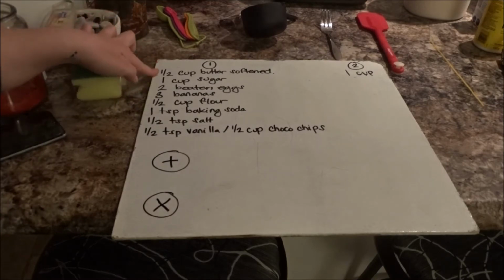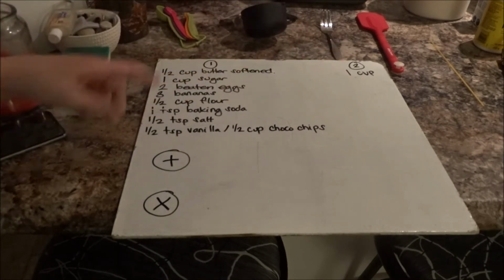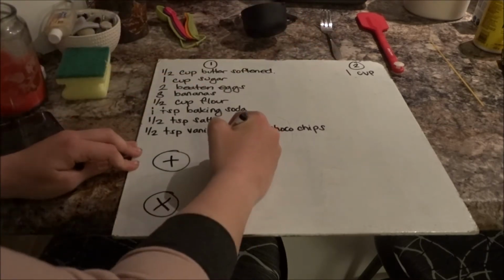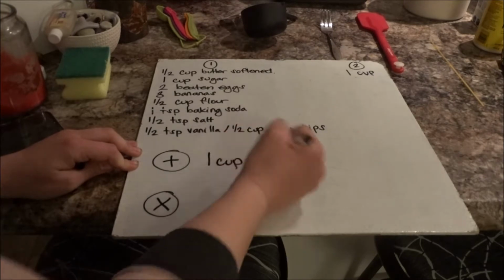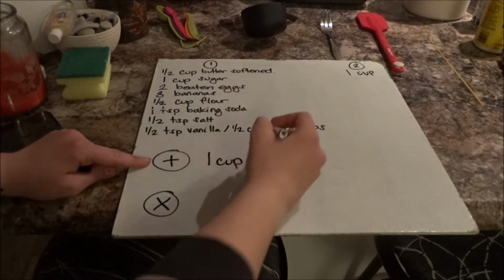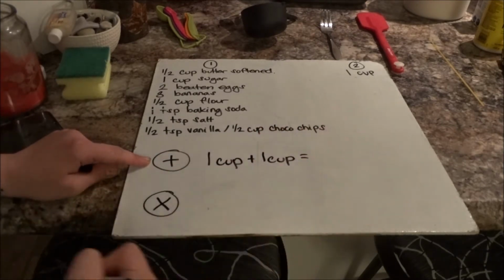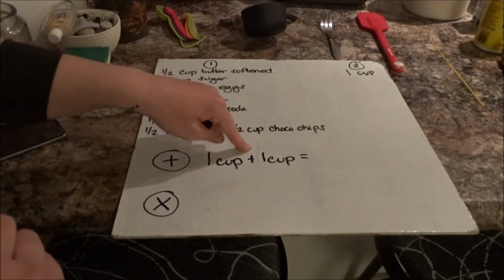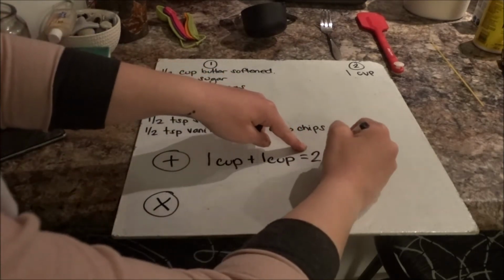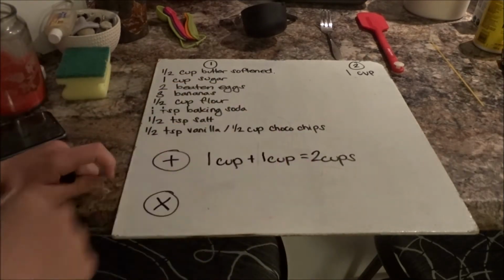Alright, so we know that we have our butter doubled, because we're going to be doing it twice. For the sugar, we need 1 cup of sugar. If we are going to do addition, it would be 1 cup plus 1 cup. So 1 plus 1 equals 2 cups.